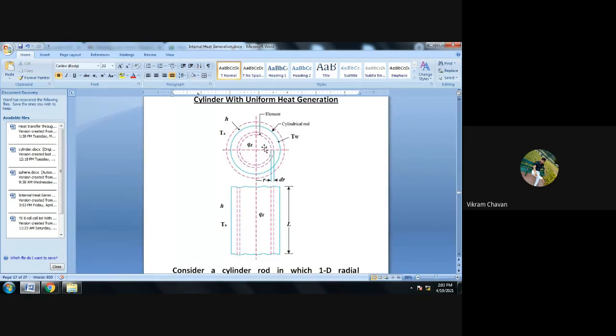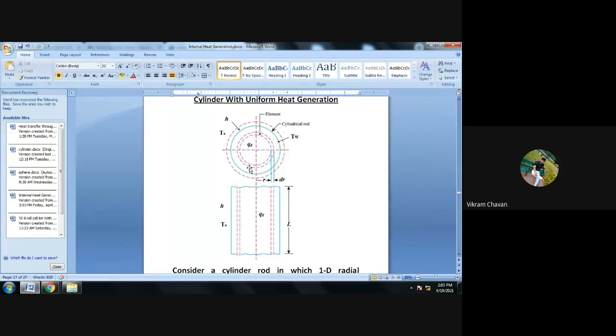For the derivation, we are going to consider one element in that rod having a thickness of dr. You can see the two concentric dotted lines here.